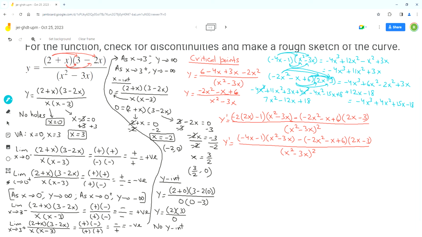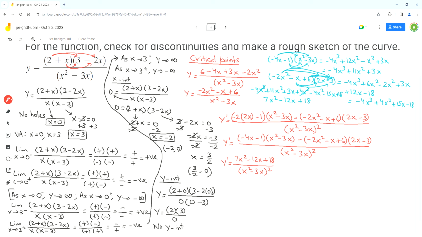So this is the expression we get for y prime. So y prime is equal to (7x² - 12x + 18) over (x² - 3x)².